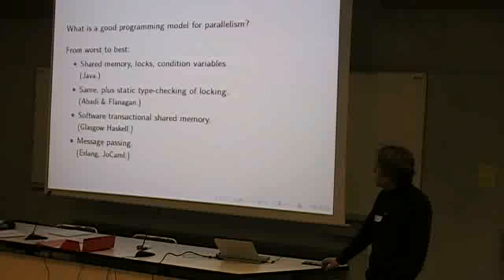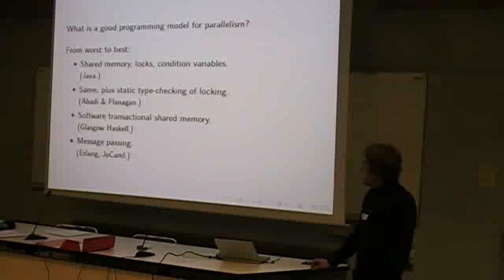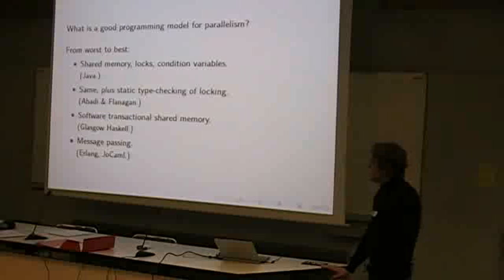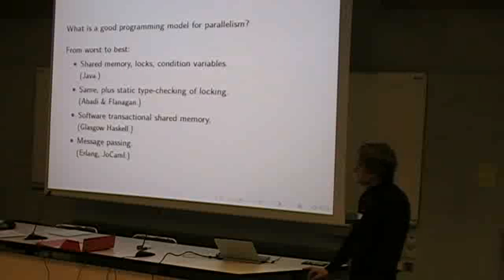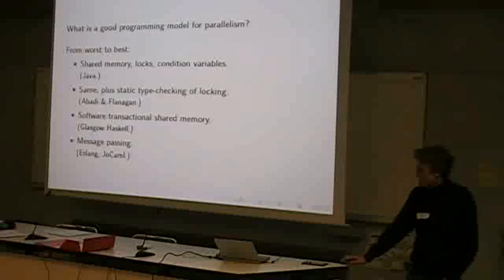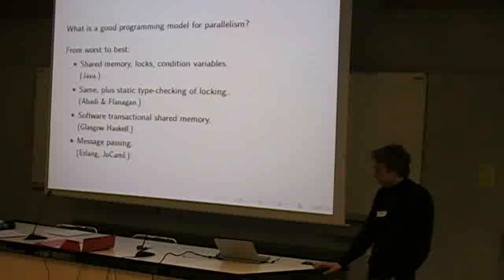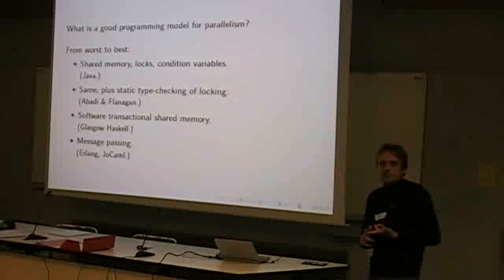And nobody quite knows. Many people think of the Java model, which is what we currently have in Caml, by the way, which is shared memory: shared mutable data structures, flags, condition variables. But that's a pretty awful programming model. I don't think anyone knows how to write reliable and efficient code with this model.